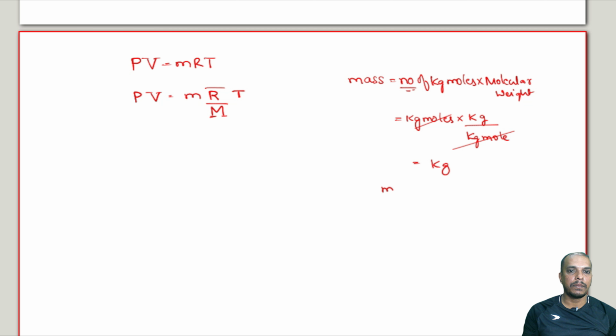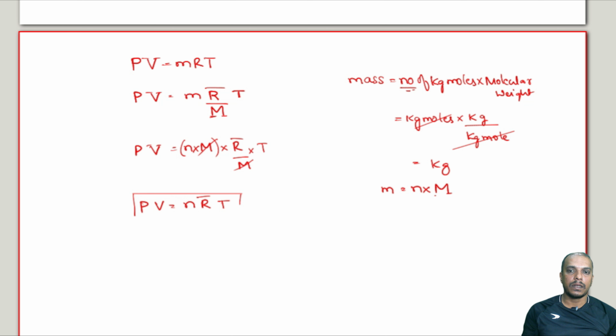So this mass can be rewritten as N into capital M. So mass is N into M, and this R bar by M is multiplied by T. So mass goes off and you have one more equation: PV is equal to mRT can also be written as PV is equal to N R bar T.